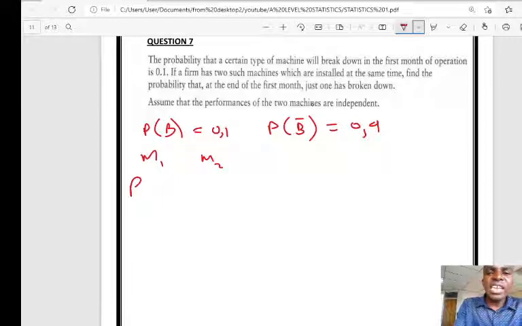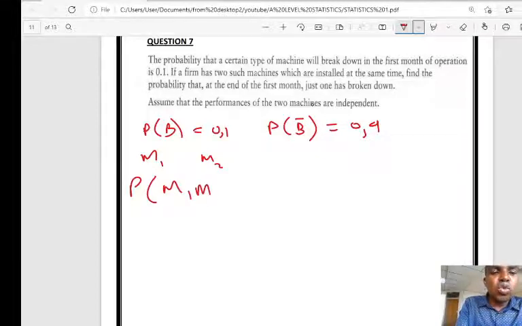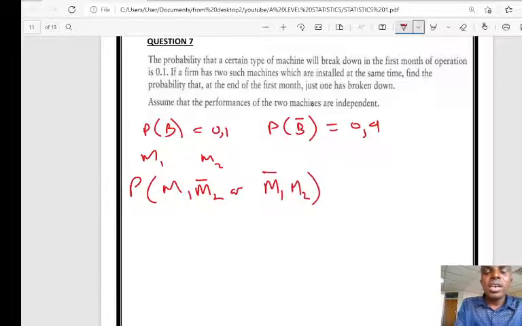So if they say find the probability that at the end of the first month just one is broken down, it's either machine 1 will be working and machine 2 will break down, not working, M bar, or machine 2 will be working and machine 1 will break down.